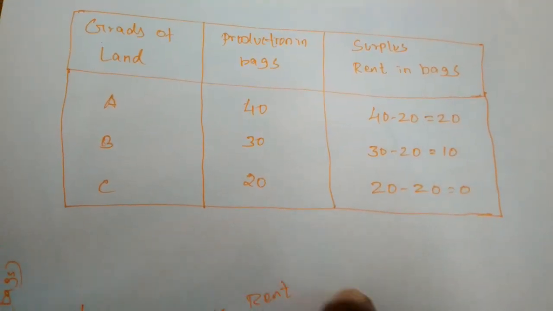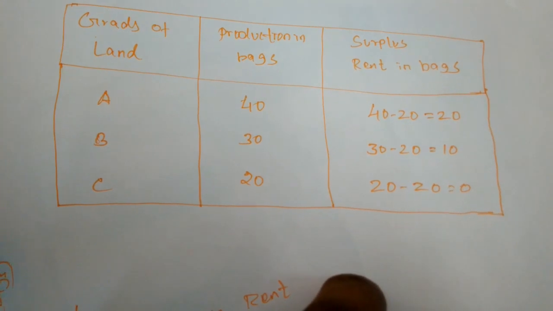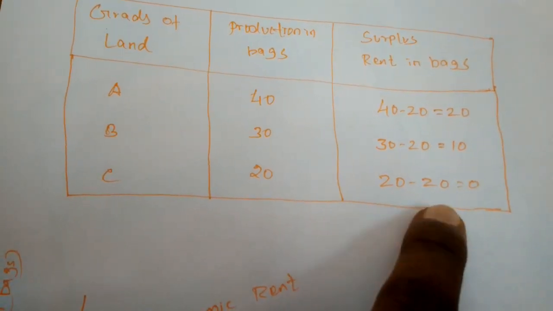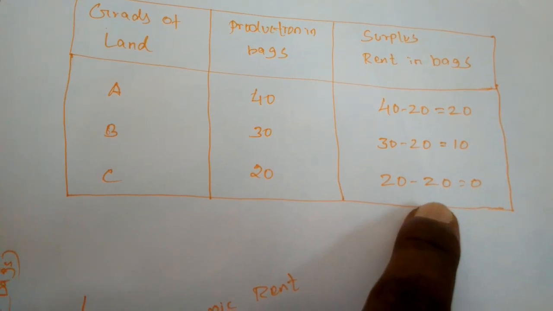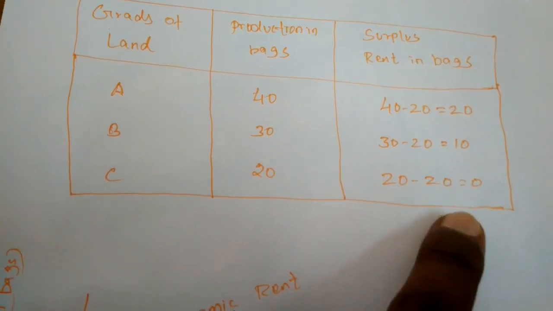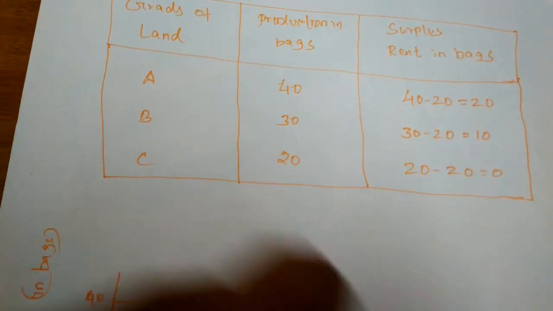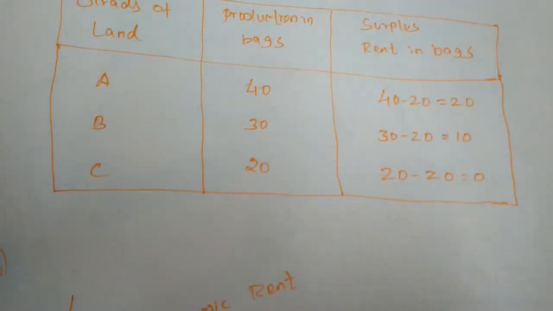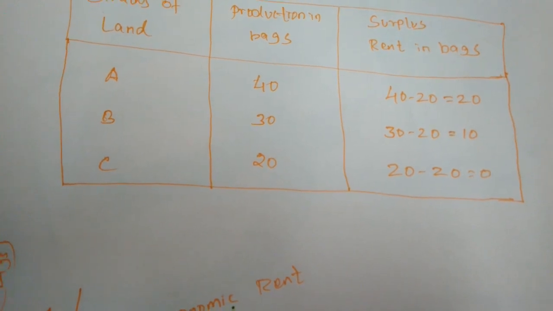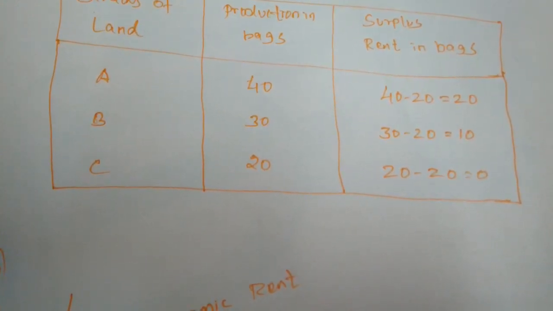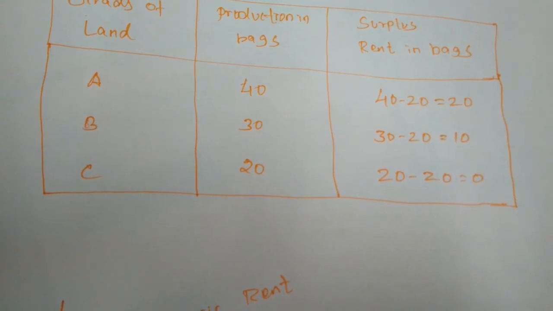Next, the C grade land has no surplus, because 20 minus 20 is zero. So there is no yield. In the above table, the cost of production of the C grade land is just equal to the price of produce, and therefore it does not yield any rent.